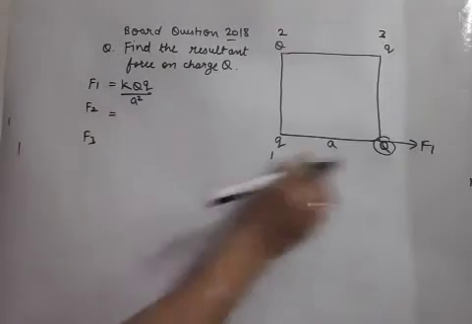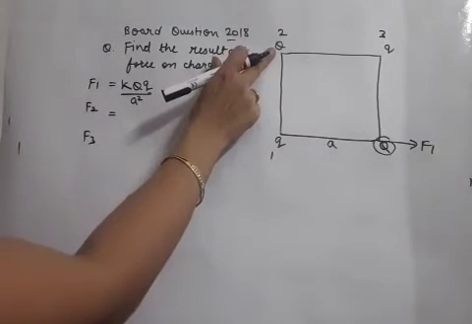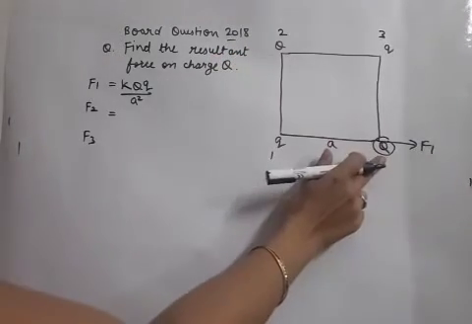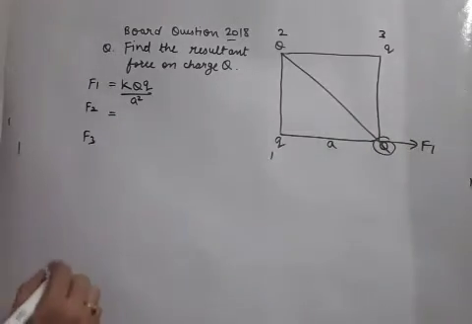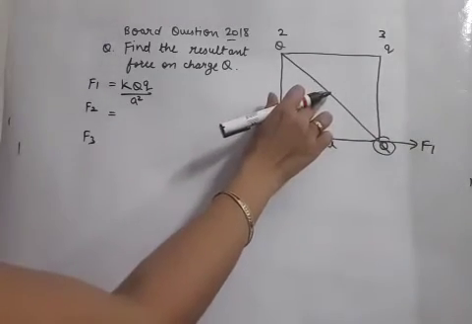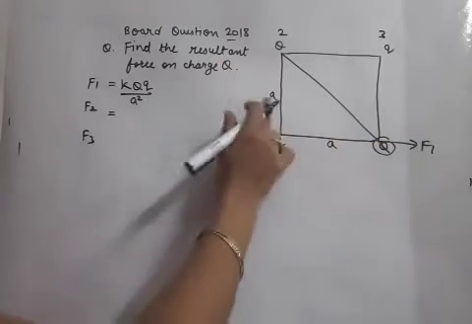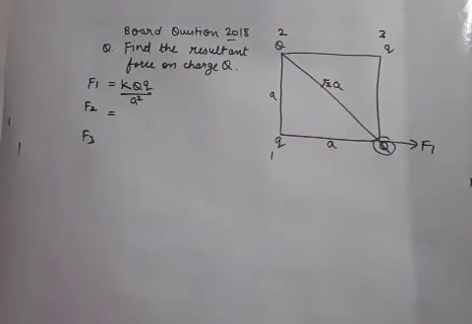Now after F1 we will focus on the F2 force. Charge number 2 will apply force on this Q charge. Now the distance is this one. How to find this distance? By Pythagoras theorem, perpendicular and base are A and A, so this will be obtained as root 2A.